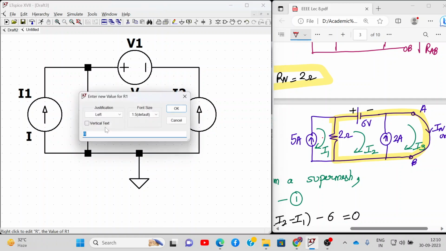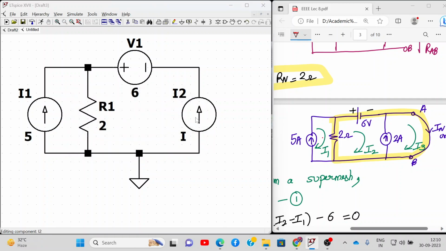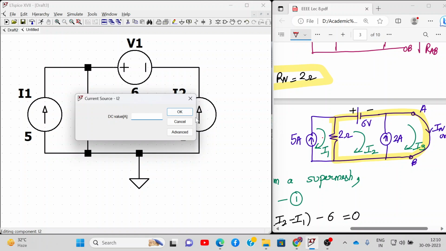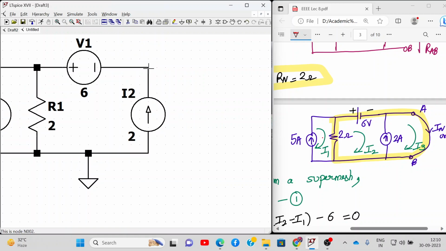So this value will be 2 ohms. This current source is 5 ampere. This voltage source is 6 volt. And this current source is 2 ampere. Now these are my terminals A and B. So let me take it out. This is terminal number A and terminal number B. And they are shorted together. Okay, so no need to write terminal number A or B. They are already shorted together.